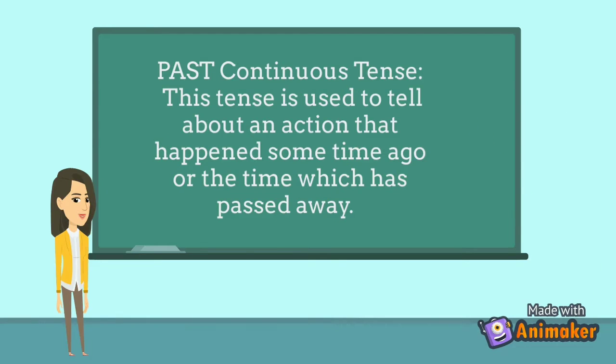Now, talking about the past tense. This tense is used to show an action that has been done, or that was done in the past, in the previous time, in the time that has gone. For example, yesterday, last night, last Monday, last week, last month, last year, or if we just say a few minutes before, these are the past tense.